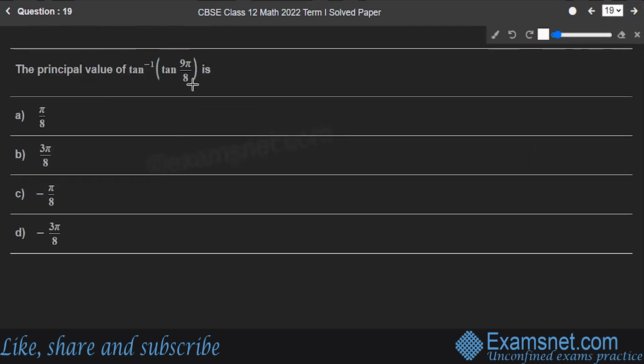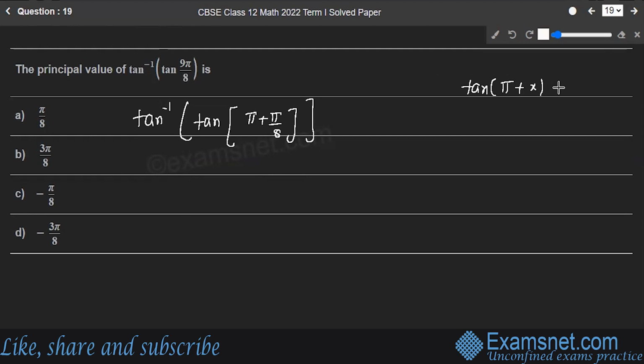The principal value of tan inverse tan 9 pi by 8 is what? You have to find out the principal value, right? So here is 9 pi by 8. This is tan inverse tangent. 9 pi by 8 can be written as pi plus pi by 8, correct? And you know tan of pi plus x is equal to tan x itself.